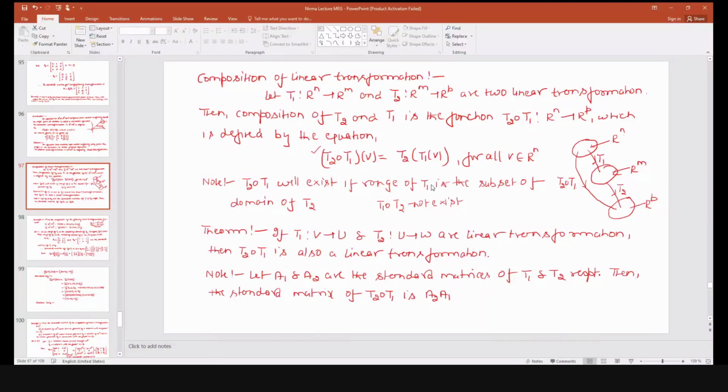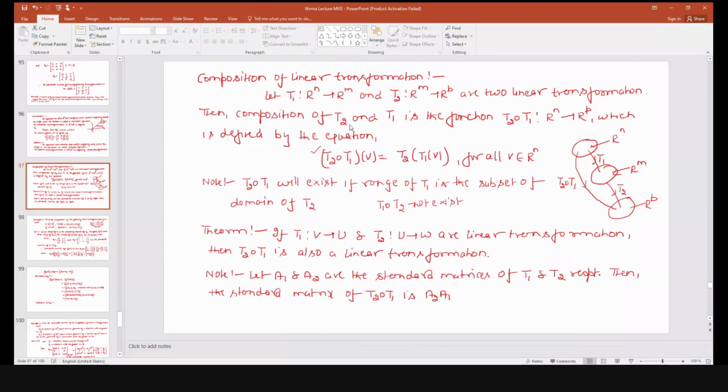Can you read this composition of linear transformations here? Yes, sir. Okay. So we will combine two linear transformations. T1 is a transformation from Rn to Rm, and T2 is another transformation from Rm to Rp, both linear.